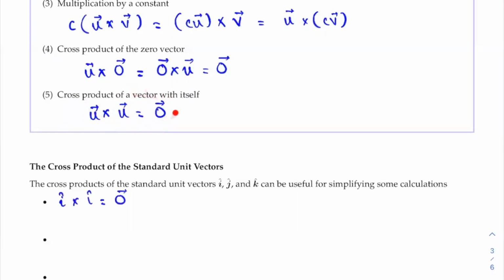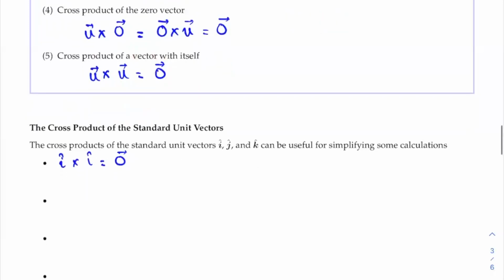We can take this fifth property of the cross product and apply it here. For the y direction, J hat crosses with itself, it's going to be equal to 0. K crosses with itself is going to be equal to the zero vector as well.